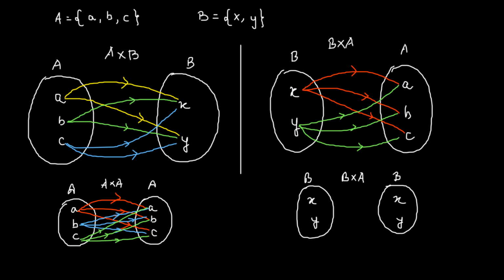Then we consider the first element X in set B and form a coordinate pair with the element X in the second set B. Then we consider the first element X and form a coordinate pair with Y. Then we move on to element Y and form a coordinate pair with element X in the second set B, and similarly with Y. So this is how we can represent the Cartesian product diagrammatically.